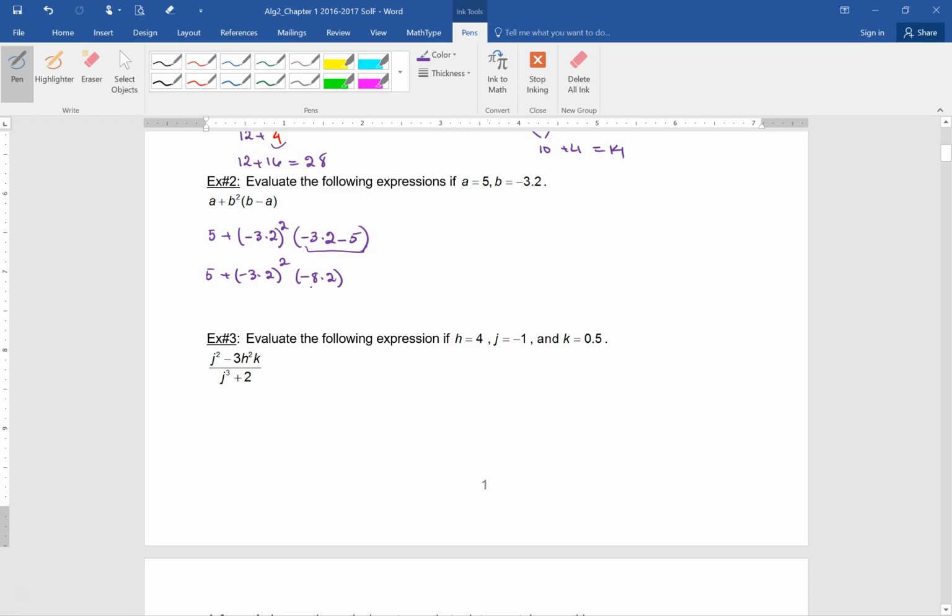Okay, so now what do I do? What's the next thing I do? Square 3.2, and when I square -3.2, do I get positive or negative? Positive what? 10.24. Is it 10.24? Yes, 10.24. Times -8.2, right?